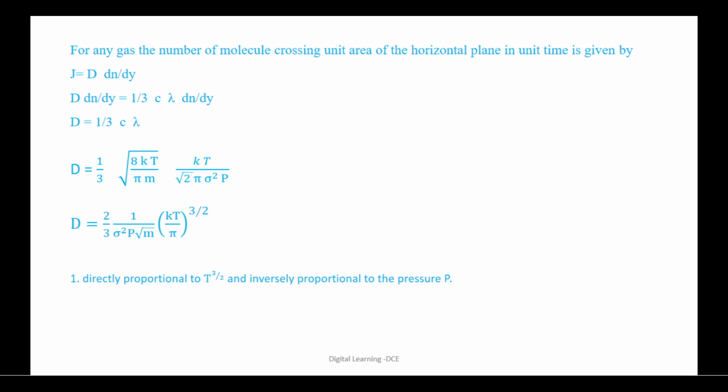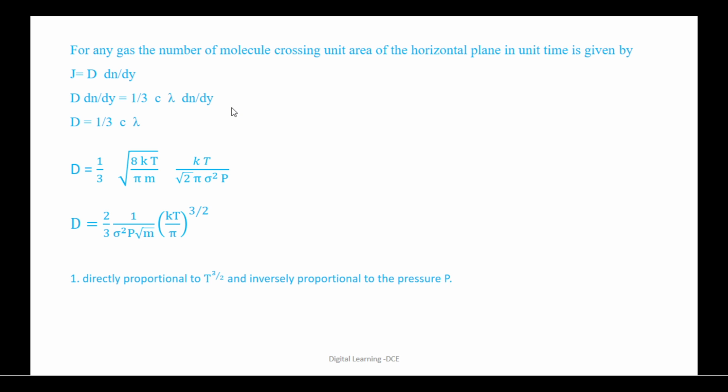Here, this is the number of molecules crossing unit area in unit time, and it is directly proportional to the concentration gradient. Here D represents the coefficient of diffusion, and in the previous slide we have J = 1/3 C λ dn/dy. This is the number of molecules crossing unit area of layer B in unit time.